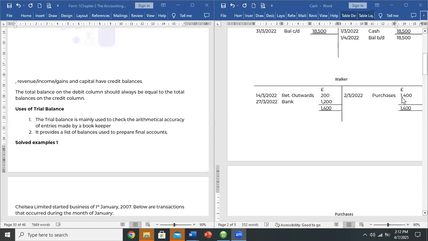So this account would have no balance. So you won't see any brought down, carry down, right? But if there is a difference in the two sides, then there should be a carry down, brought down. I think that's what Austin wanted to verify. So I hope it's clear now.